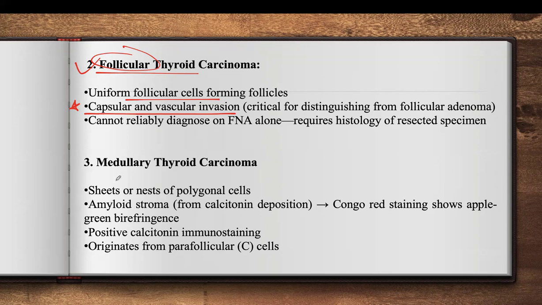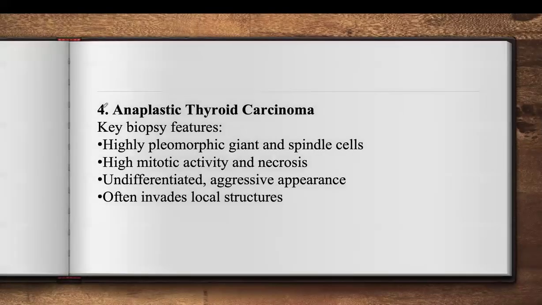Then there are a few others like medullary thyroid cancer, where you get amyloid stroma and some positive calcitonin. For anaplastic thyroid cancer, you get giant cells and spindle cells.